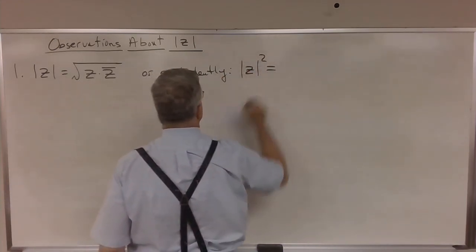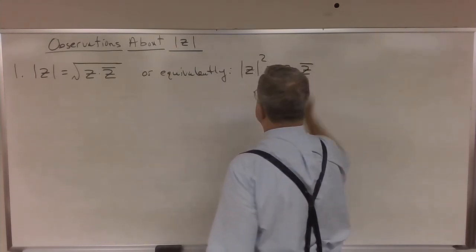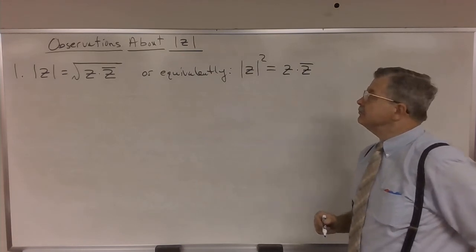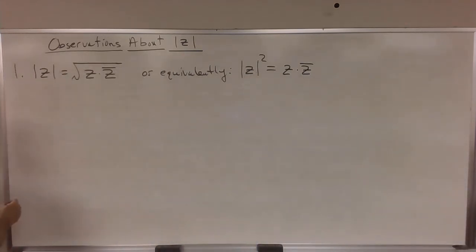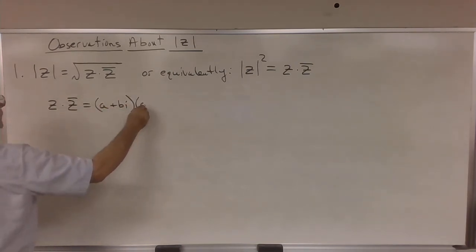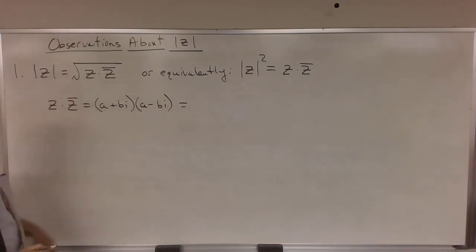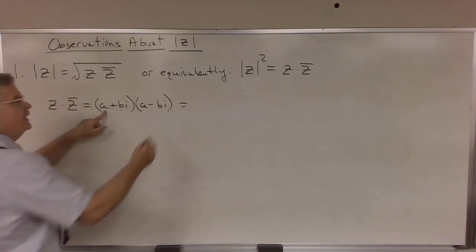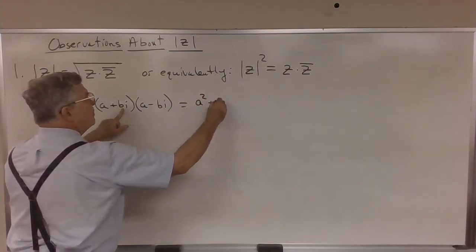Or we could say the square of the modulus is equal to z times z conjugate. And here's how we get that. z times z conjugate is equal to a plus bi times a minus bi. And remember what we get. We get the real part squared, and we get the imaginary part squared.